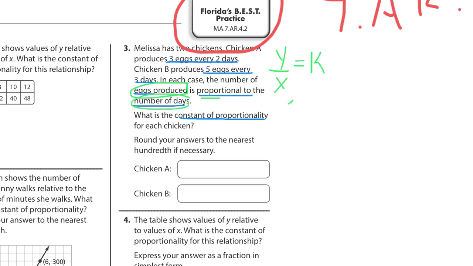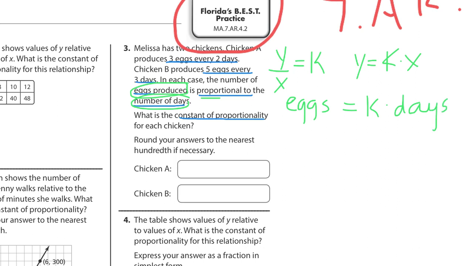So I know we need to also look at the equation y equals kx, where eggs produced is proportional to the number of days.